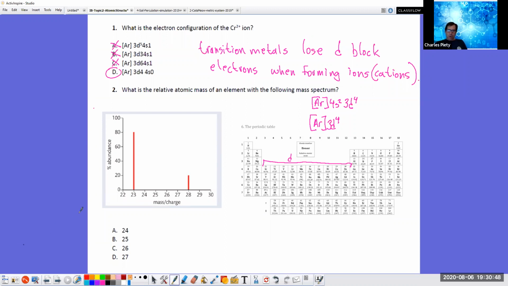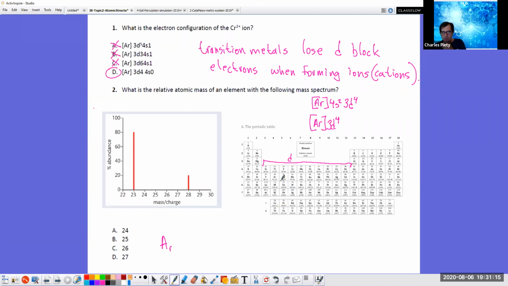Here we go. Let's look at this one here. What is the relative atomic mass of an element with the following mass spectrum? Okay, so we know that relative atomic mass, which is given by that symbol, and is this number here, right?